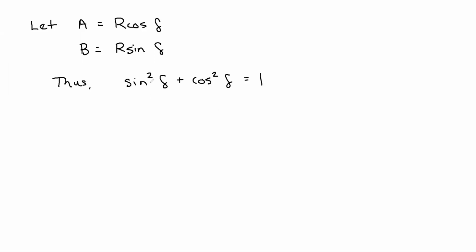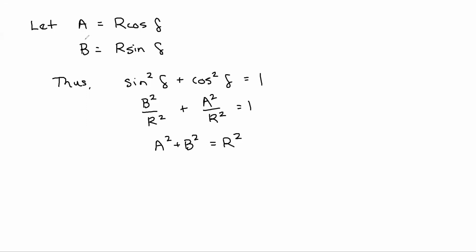What is sine? Sine is going to be b over r, so we get b squared over r squared. What is cosine? Cosine would equal a over r, so we get a squared over r squared equals 1. And then this becomes a squared plus b squared equals r squared.